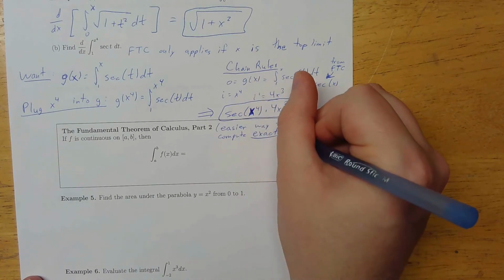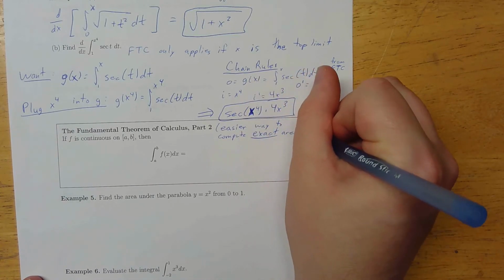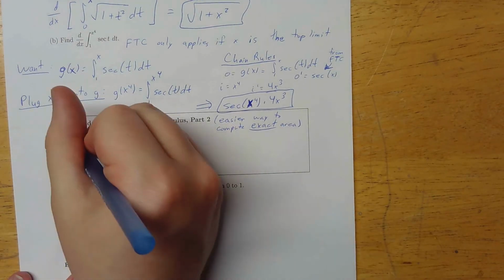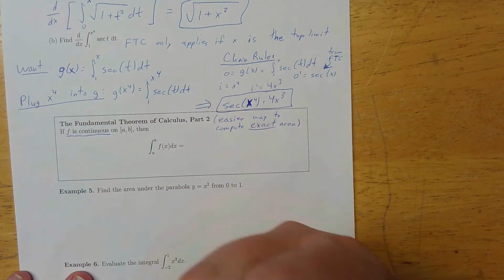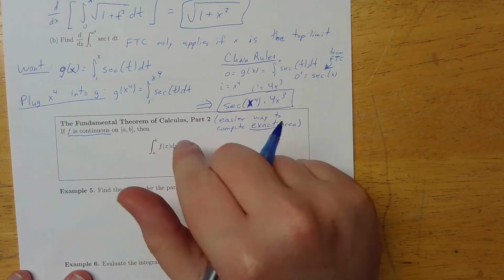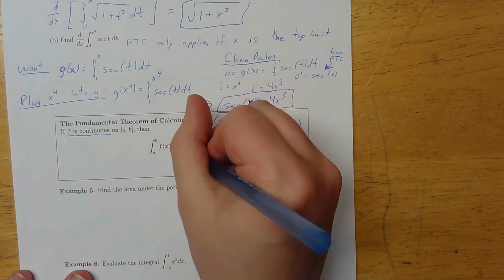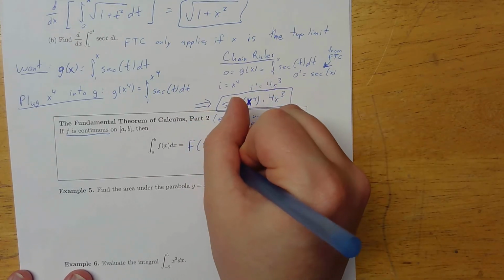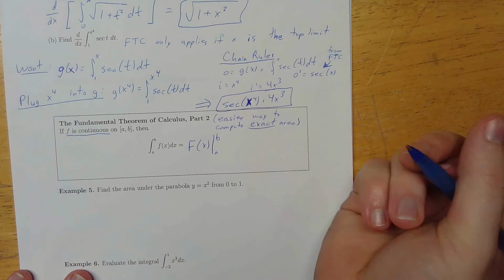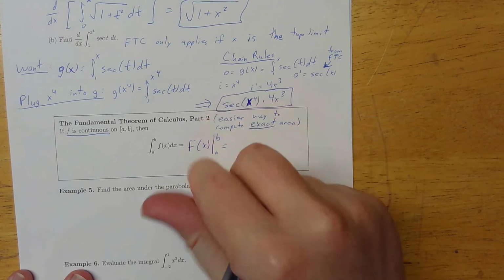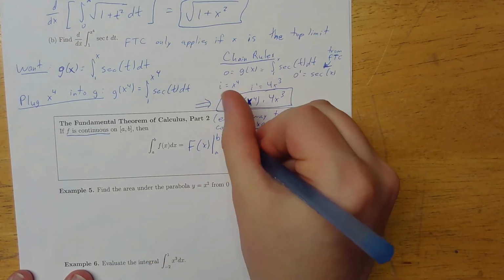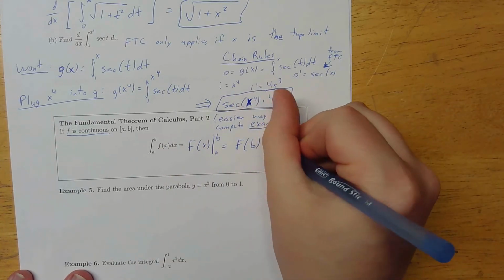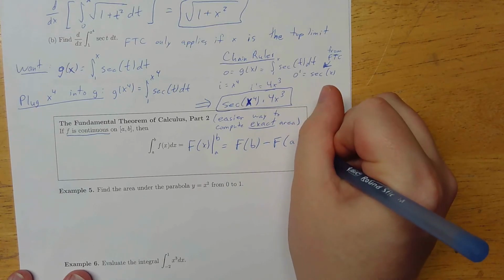So instead of us doing all these Riemann sums and trying to take the limit as n goes to infinity, if f is continuous on some interval a to b, then the integral from a to b of f of x dx is going to be whatever the antiderivative is, evaluated from a to b, and this is the way we'll notate that, and that'll just be the antiderivative with b plugged in minus the antiderivative with a plugged in.